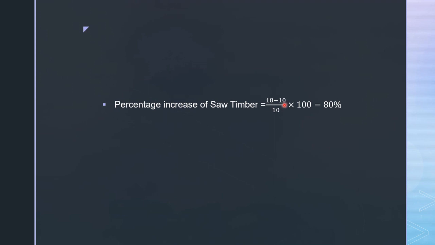So final value minus initial value divided by initial value into 100, that is 80%. Next, the percentage increase of plywood is 7 minus 3 divided by 3 into 100. 7 is the 2006 value and 3 is the initial value for 2000. So we get this percentage, that is 133%.